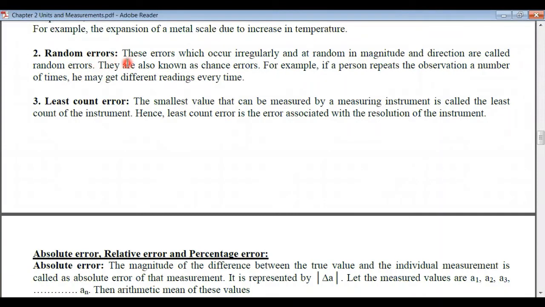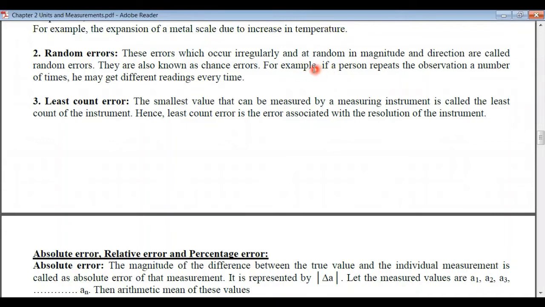Okay, the second type are random errors, which may occur irregularly. And they are random in magnitude. That is, either they may be positive or negative. Suppose you are taking a reading and you repeat the observations and every time you are getting a different reading.